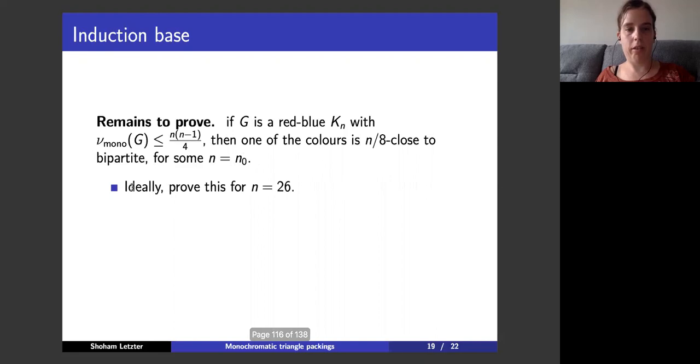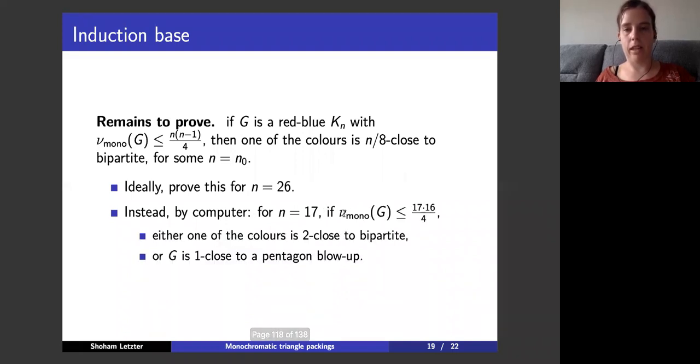So ideally, if you recall, this statement is false for n equals 25. So ideally, we would prove it for n equals 26. However, our approach was to use computer search, and 26 turns out to be a bit too large, at least with our methods. So instead, we did a computer search up to n equals 17.